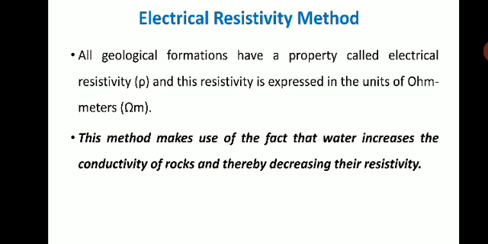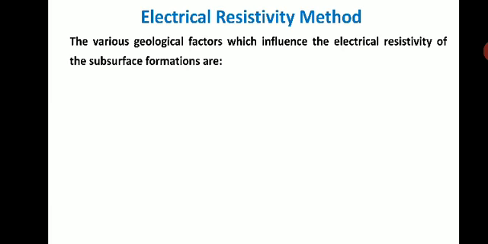So the resistance recorded will be less. If you get the result as less resistivity, then there will be a presence of water. This is the principle behind the electrical resistivity method.